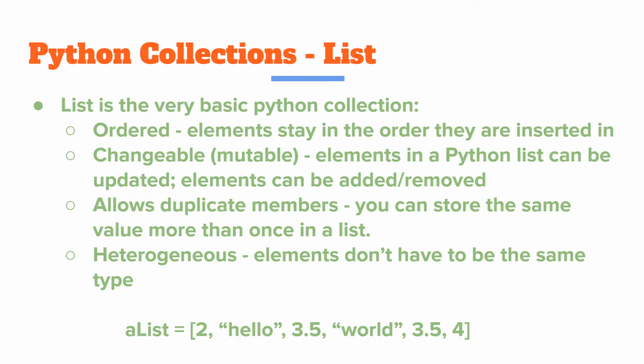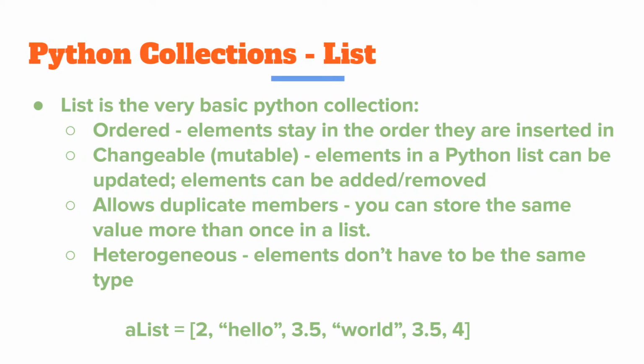So if it is possible, you will always want an immutable collection rather than a mutable one. But being mutable is one of the unique things about a list, as it can be changed.